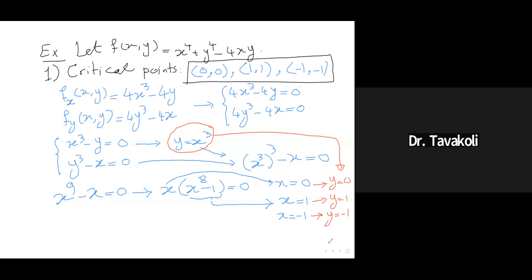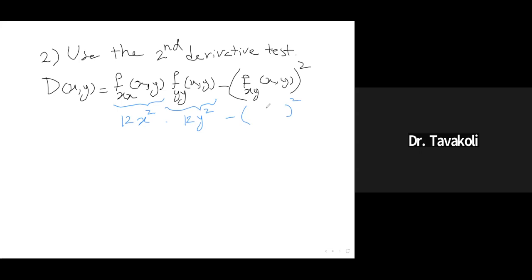It's very easy to see that it's going to be minus 4. So in fact, D of x and y is 12x squared times 12y squared, 144x squared y squared, minus 4 squared, which is 16, so minus 16.